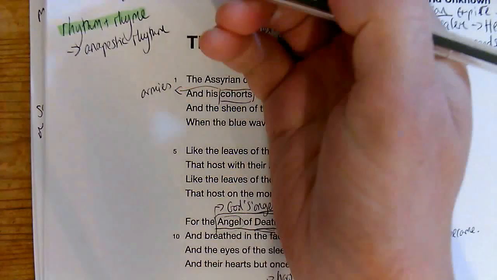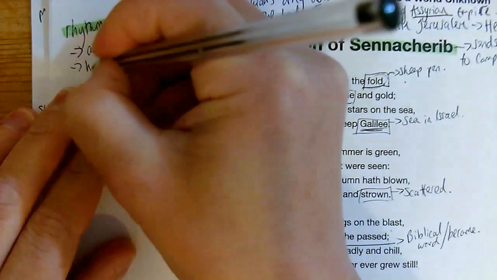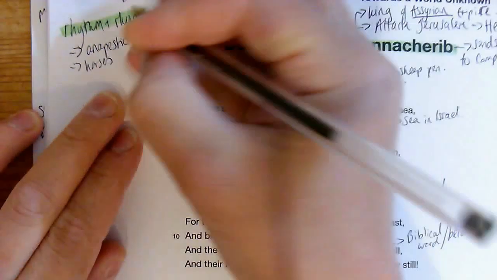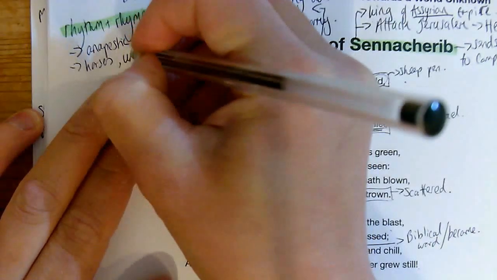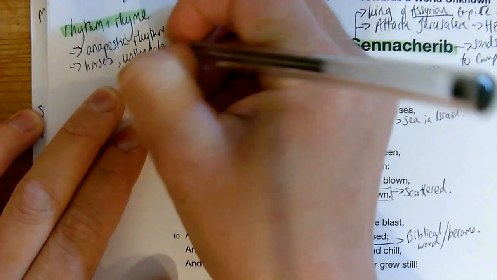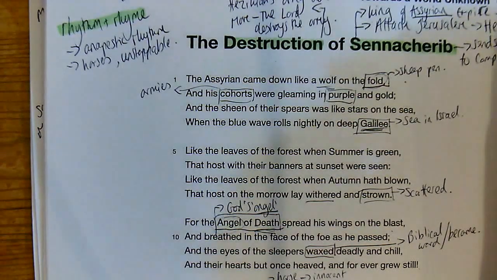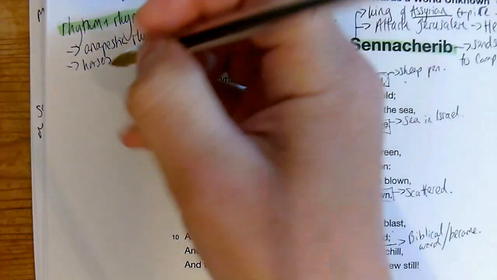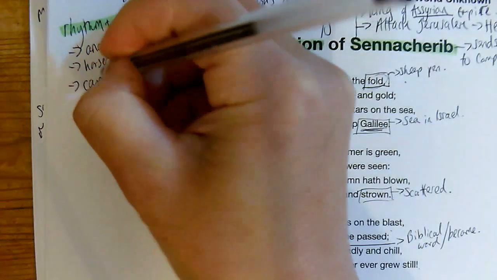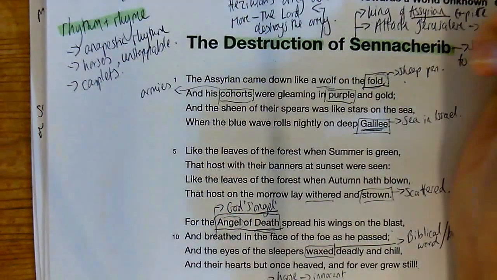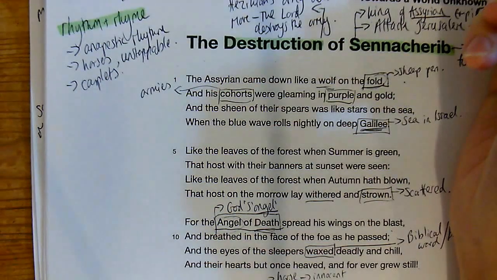So that's what we call an anapestic rhythm, and it gives this approach of the army as being something that is unstoppable. An anapestic rhythm makes me think of horses, it makes me think of galloping, it makes me think of something that is unstoppable, like they're so full of momentum. It's like a whole gang of horses just galloping down a mountain. They're not going to be able to be stopped at all. And the rhyme is in couplets all the way through, and it doesn't break once, which is quite interesting.